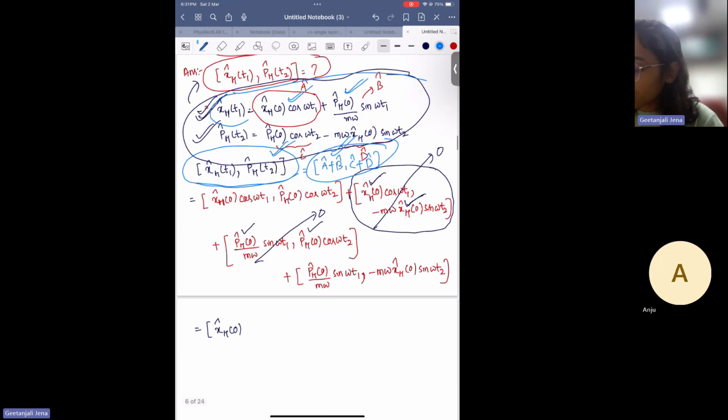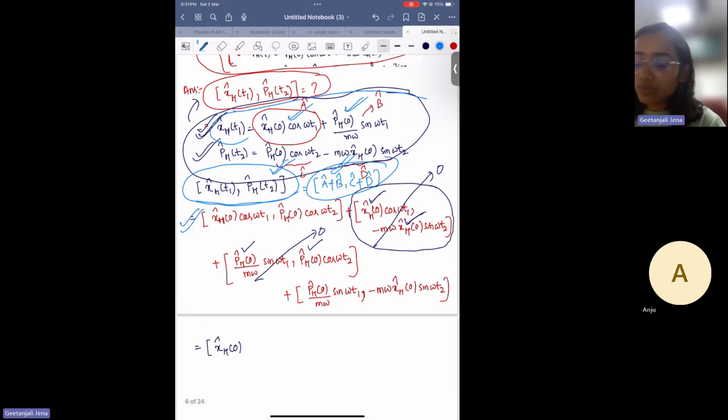Then in the second step, I have put the expression for A, B, C, D in the individual commutation relations.